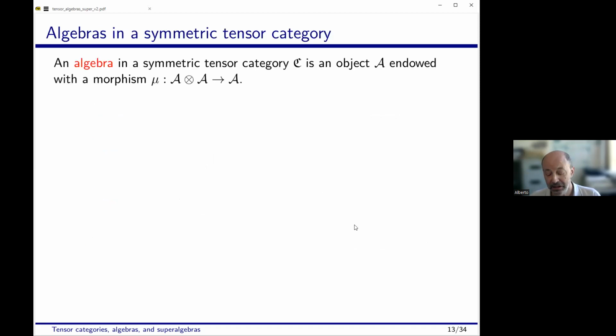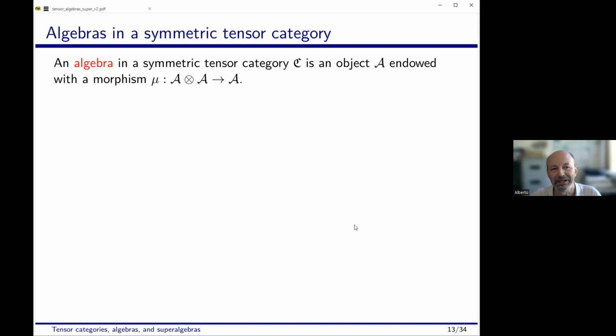Okay, we need the notion of algebras in a symmetric tensor category. And well, for me, an algebra is not necessarily an associative algebra. So an algebra is just a vector space with a bilinear multiplication.